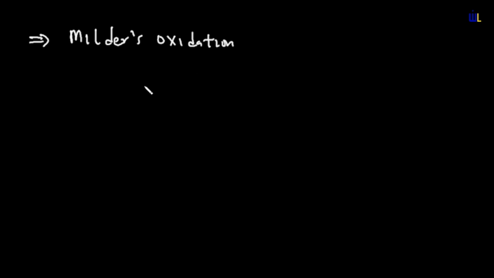Now, Milder's oxidation involves the use of sodium hypochlorite as an oxidizing agent to react with amines. The point about it is that if you use Milder's oxidation where sodium hypochlorite is reacting with a primary amine, the product of that reaction is a nitrile.